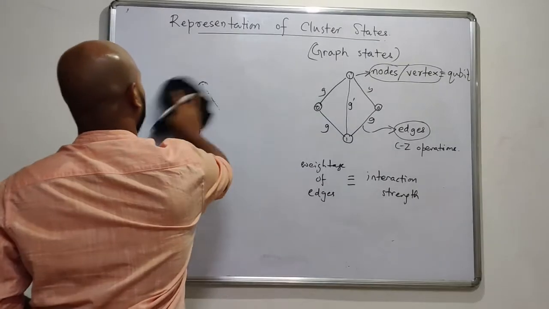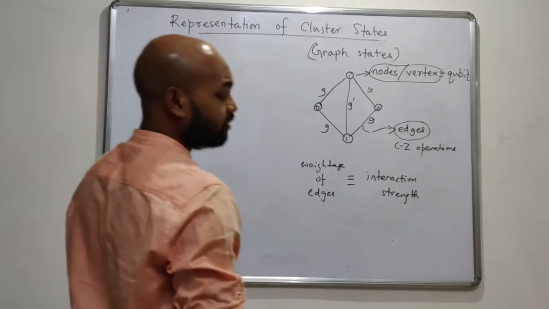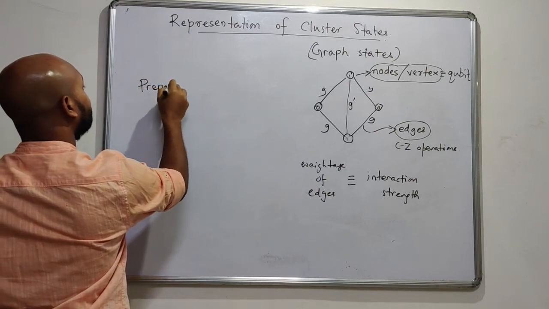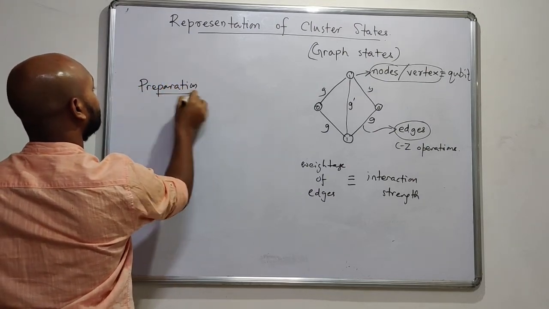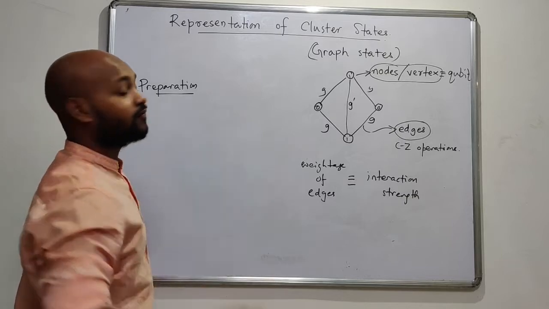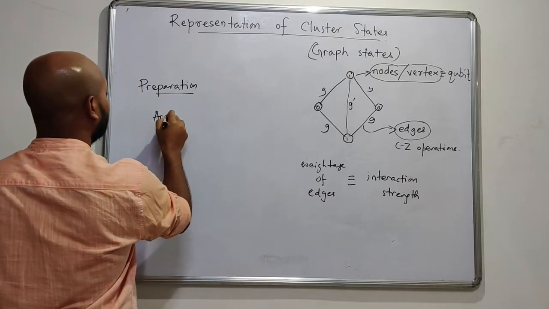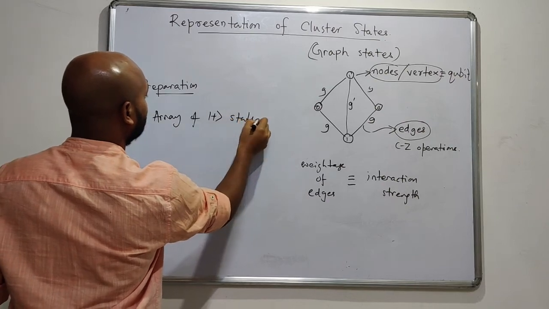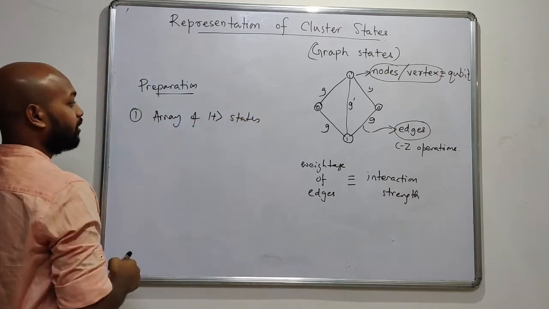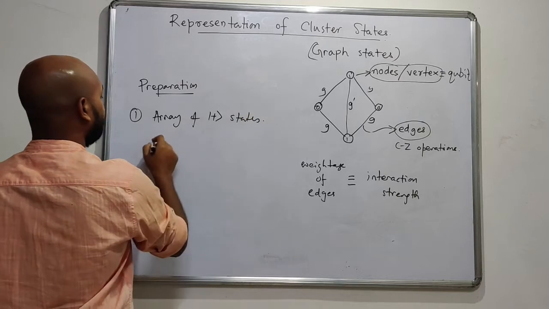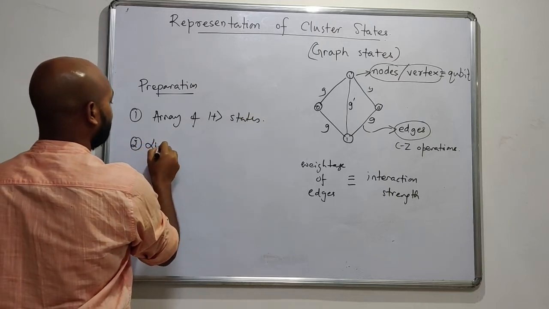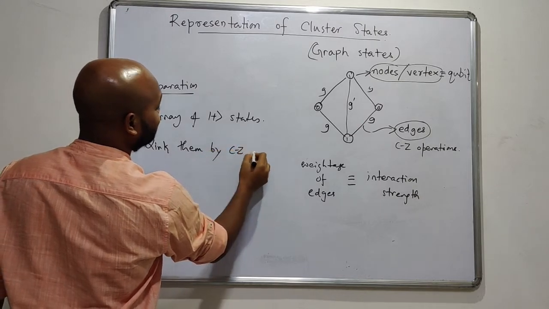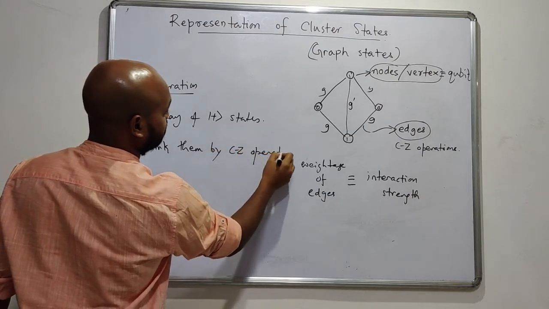Also, how do you prepare those states? Preparation: you first take an array of plus states, and then link them by CZ operations.